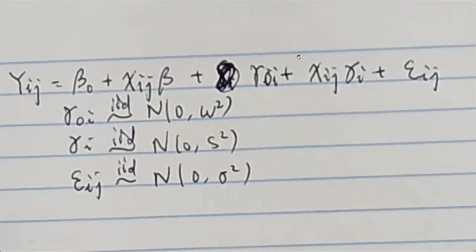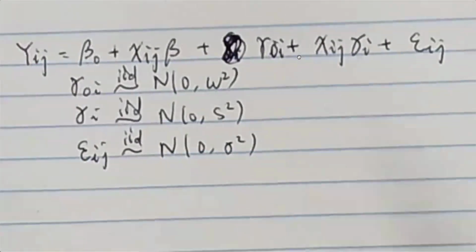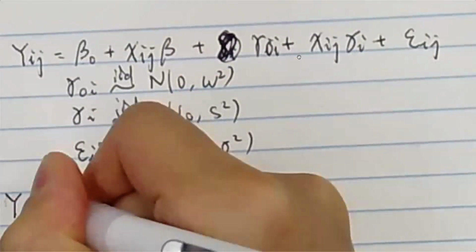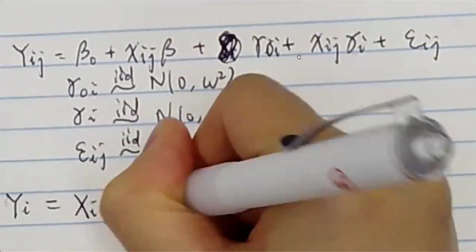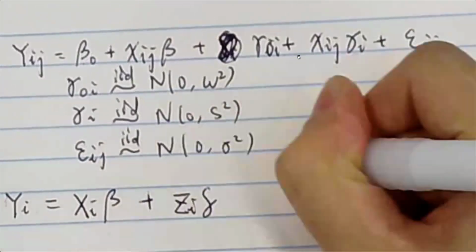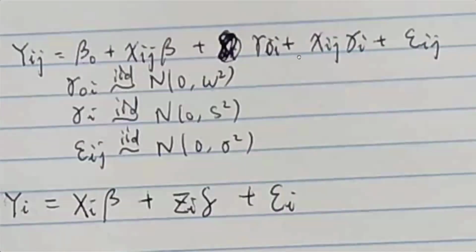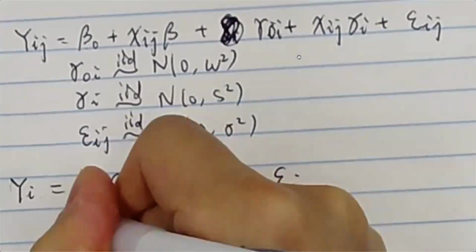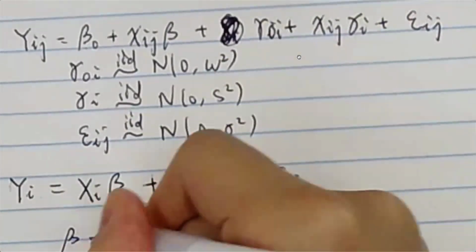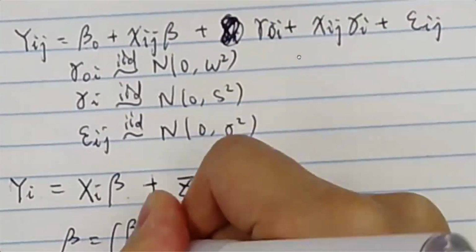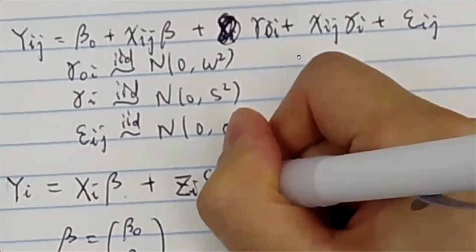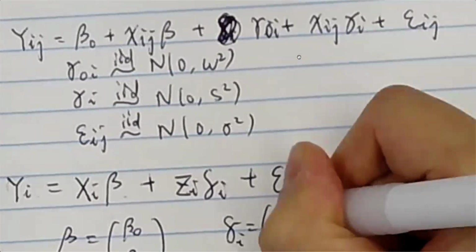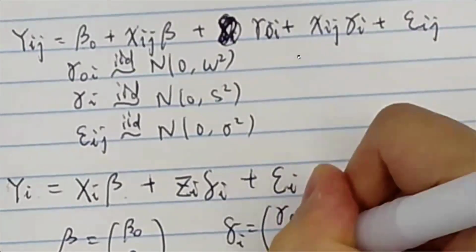So then you can see that I can naturally put this into the form I just wrote. Yi equals Xi beta plus Zi delta plus epsilon i. If I write it this way, then this beta would just be beta 0, beta, and delta i would just be gamma 0i, gamma i, right?